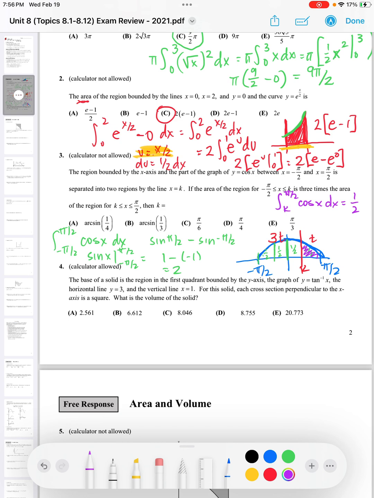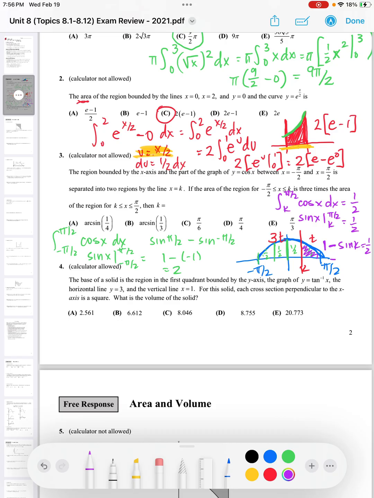So the antiderivative, just like we did over here in the green, is going to be sine of x evaluated from K to pi over 2. And I know that answer should be equal to 1/2. So plugging in pi over 2, sine of pi over 2 is 1 minus my sine of K equals 1/2.